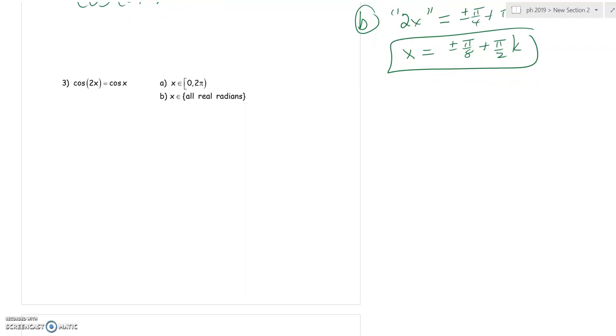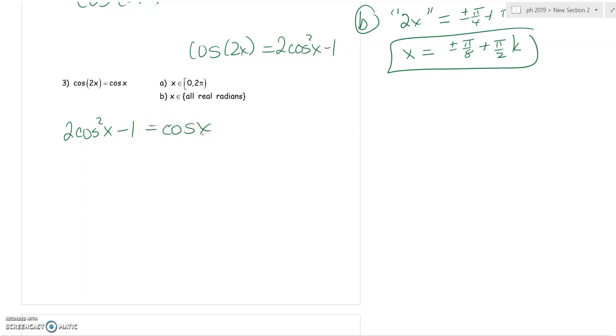because then you would have all cosines in the problem. So if I replace cosine 2x with 2 cos squared x minus 1, now I could get 0 on one side of the equation and factor. Again, it's up to you.